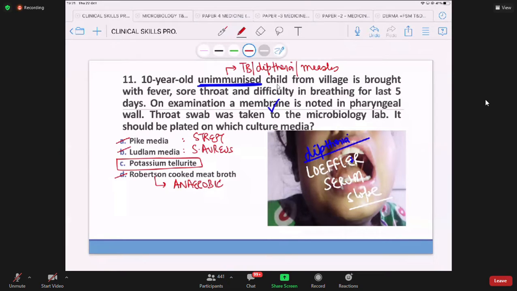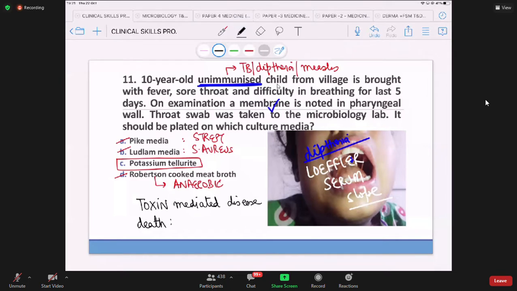I think everybody knows that diphtheria is a toxinemia. It is a toxin mediated disease. There is no bacteremia. Diphtheria can cause death also. Can you tell me the cause of death in diphtheria, guys? I give you options: respiratory tract infection, myocarditis, orchitis, aseptic meningitis.